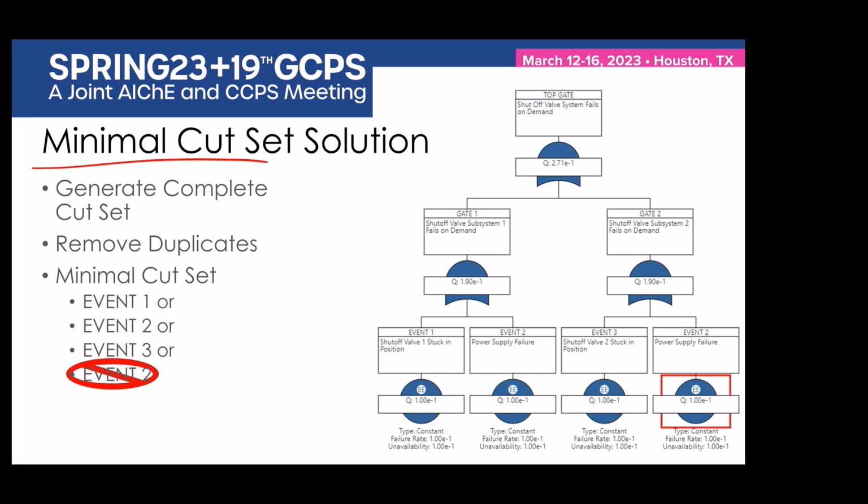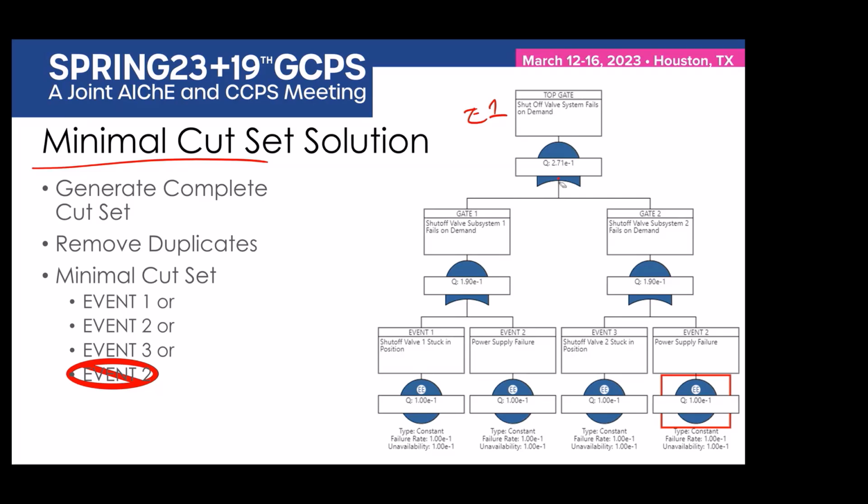What is a cut set? A cut set is a list of all the basic events that will cause the top event to be true. So if valve 1 is in the stuck position, you see an OR gate, you see an OR gate. So I know that event 1 being true by itself will make the top gate true. So what the software needs to do is get a complete list of all of the cut sets that will make the top event true.